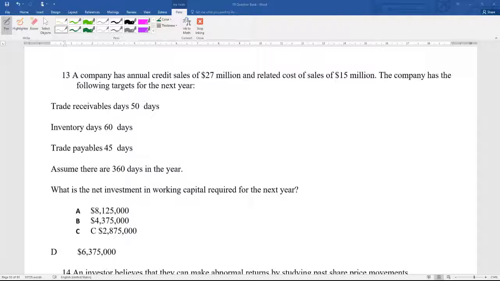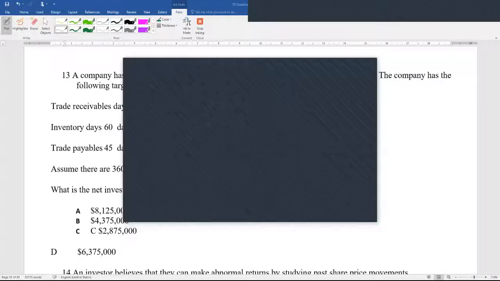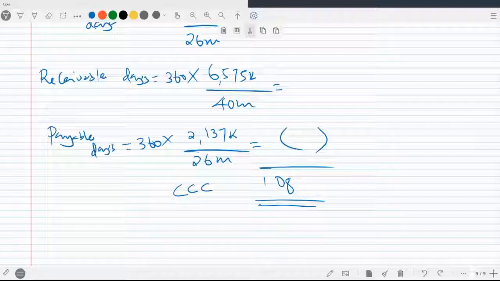So let me get an image of this. Let me get my working area. Okay. So the number of days for receivable is 50.